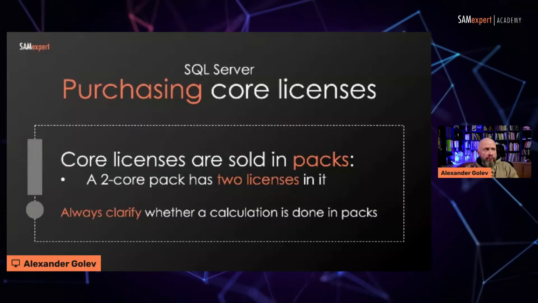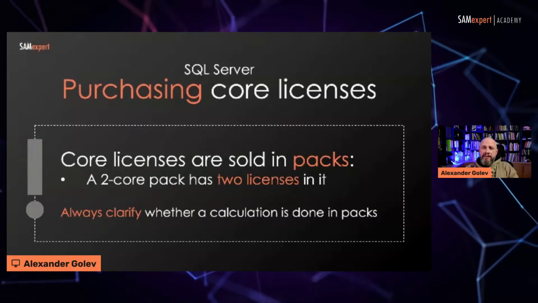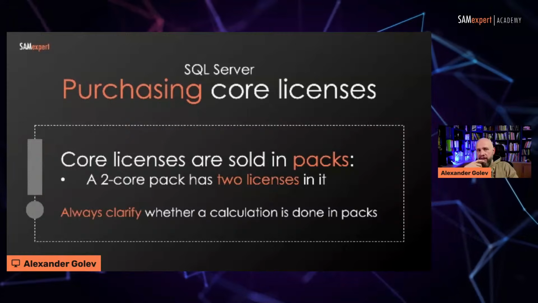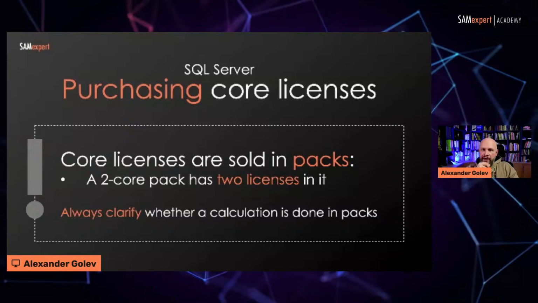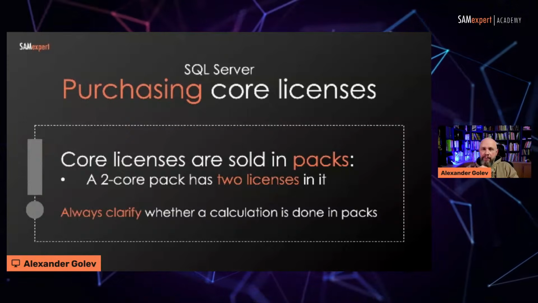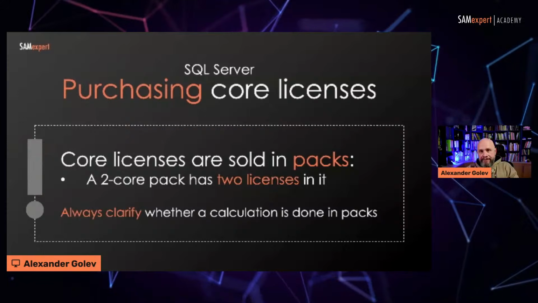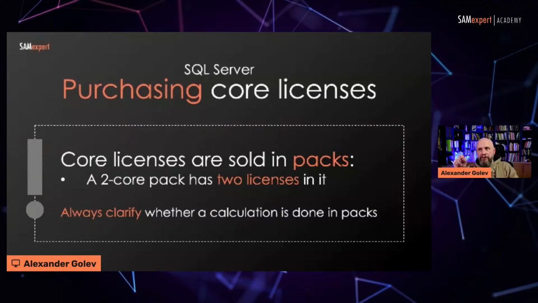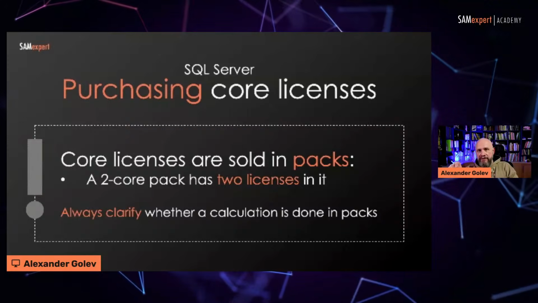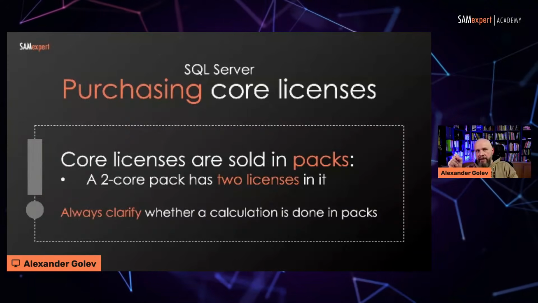You may suddenly overpay. You may suddenly pay twice for the licenses. If I tell you, for example, you need 88 licenses, and you place an order for 88 2 core packs, what you will buy in the end is 176 licenses. Clarify that. Always clarify whether a calculation is done in packs or in licenses. What is that number you're looking at?